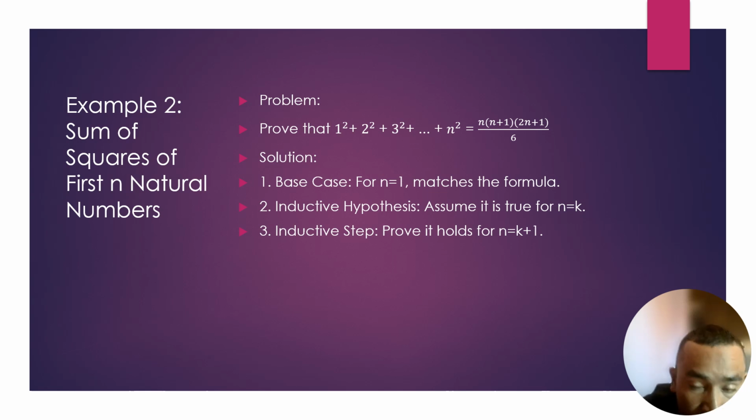For the solution, the base case: put n equal to 1 and check that it matches the formula. Likewise, the induction hypothesis means assume it is true for n equal to k, and the inductive step proves it holds for n equal to k plus 1.